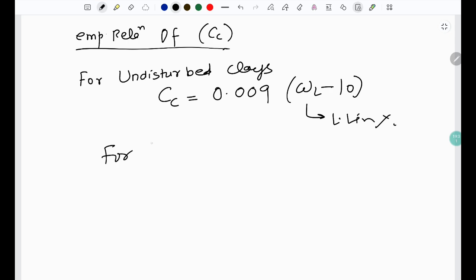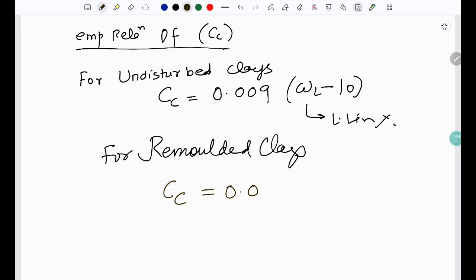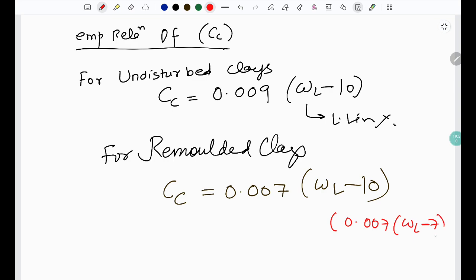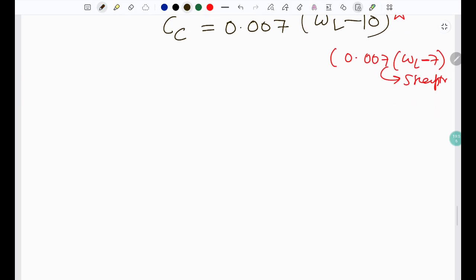And for remolded clays, we write Cc as 0.007 (WL minus 10), and sometimes we also write 0.007 (WL minus 7) given by Skempton, but this one is generally preferred.